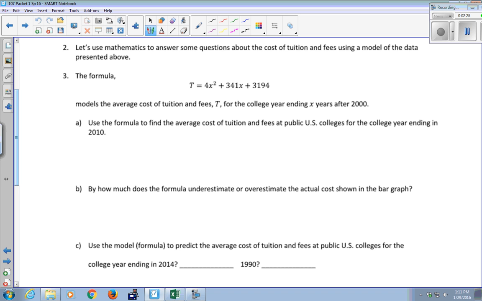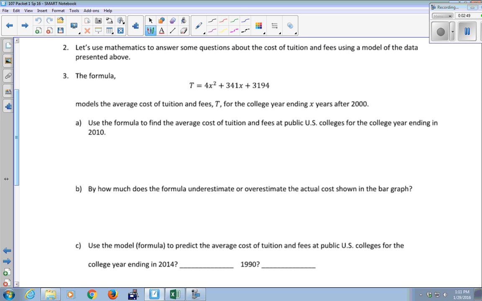So let's use math to answer some questions about the cost of tuition and fees using a model. Okay, so here's a formula that models the data. T for tuition equals 4x squared plus 341x plus 3,194. T is tuition, X is years after 2000.